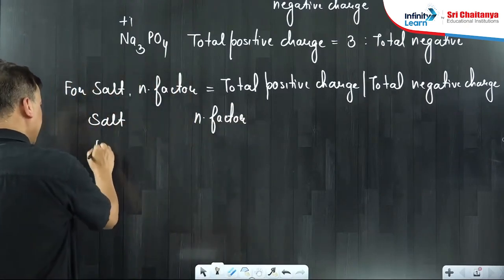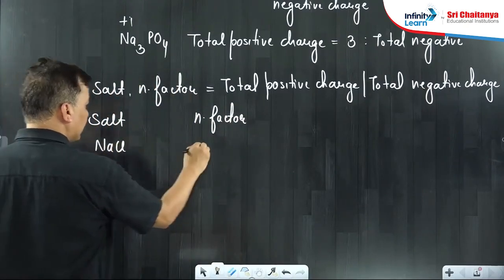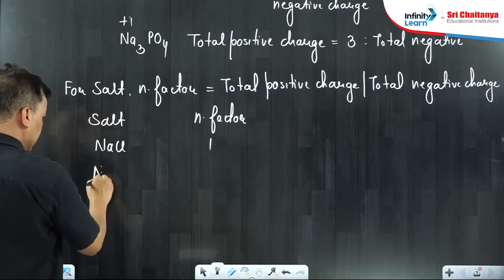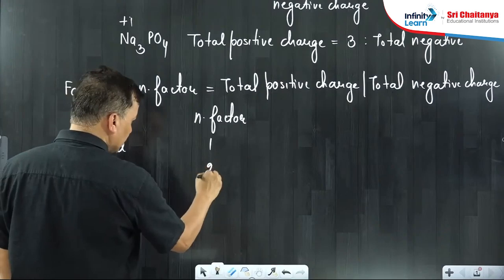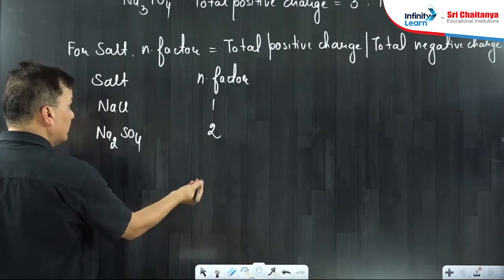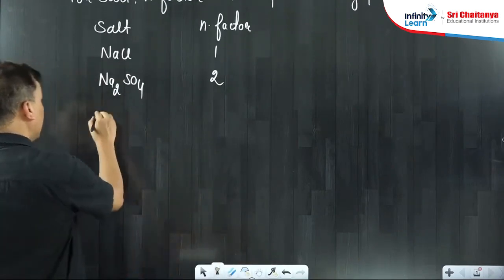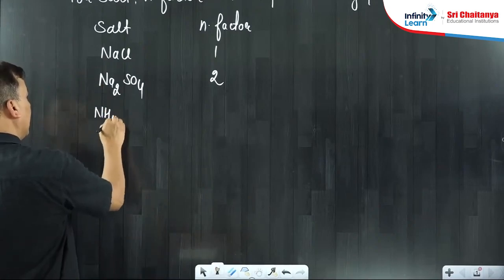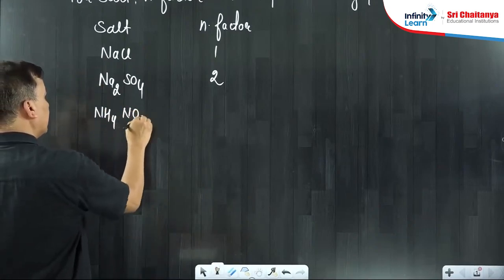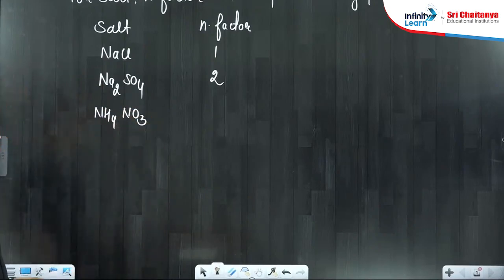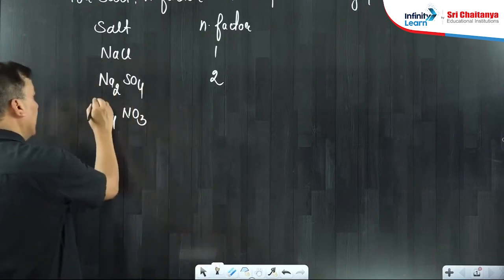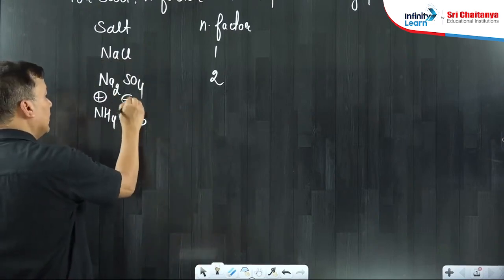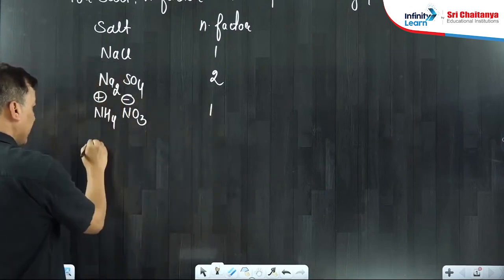I will write here NaCl. N factor is 1. Sodium sulfate, n factor is 2. Ammonium nitrate. Do you know ammonium? NH4 positive and NO3 negative. Ammonium nitrate, n factor is 1.